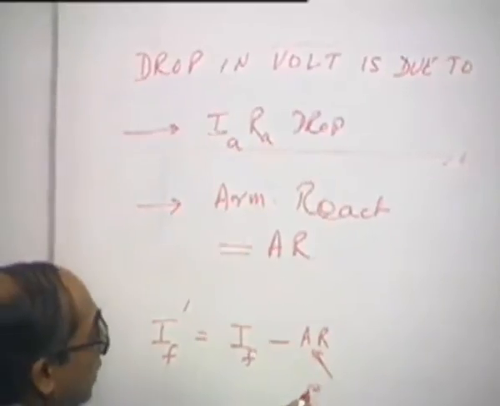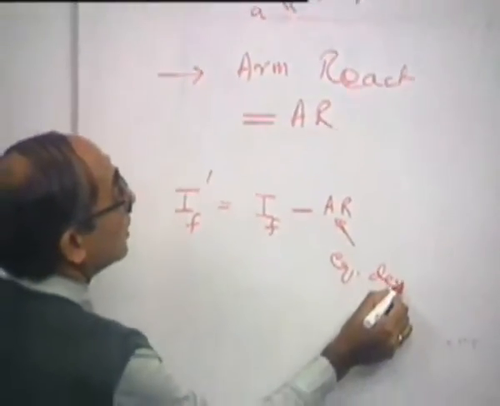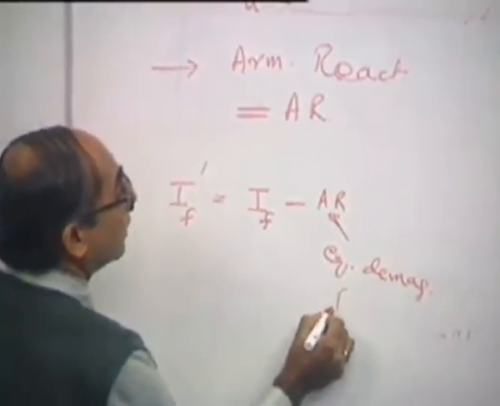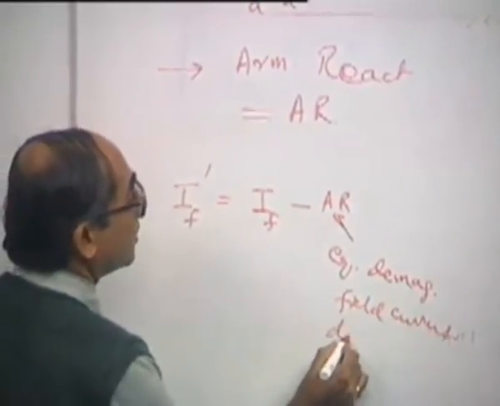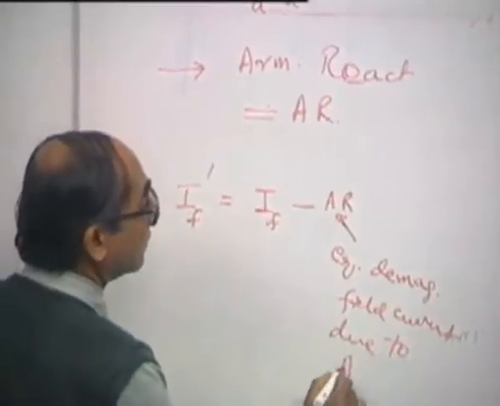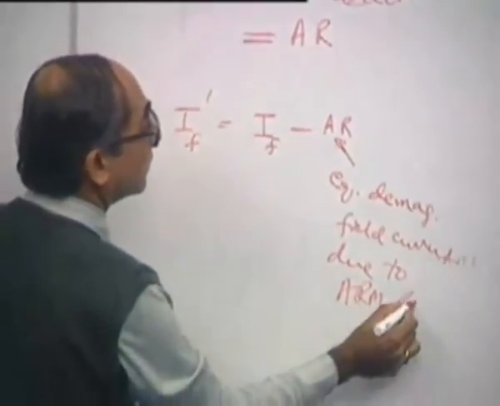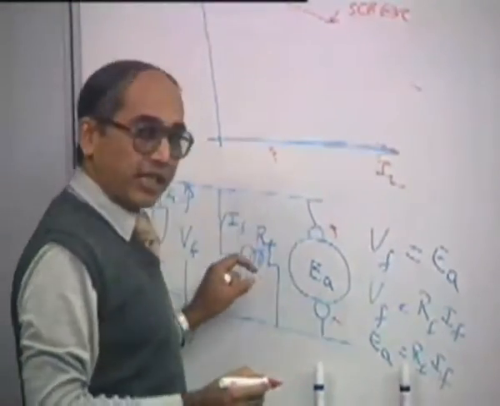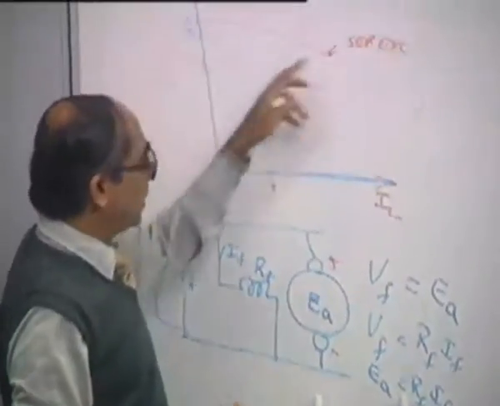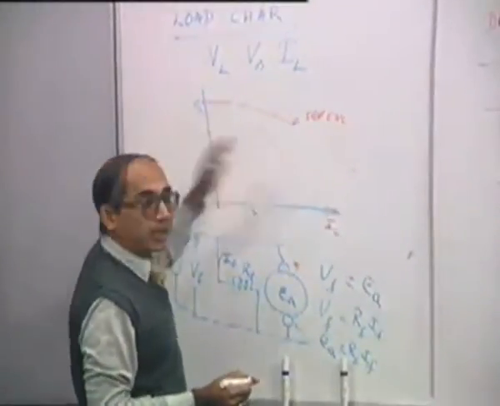This is equivalent to a demagnetizing field current due to armature reaction. So as you load it, the current will be more, but flux gets reduced, it will oppose this one, and there is more than the IR drop.